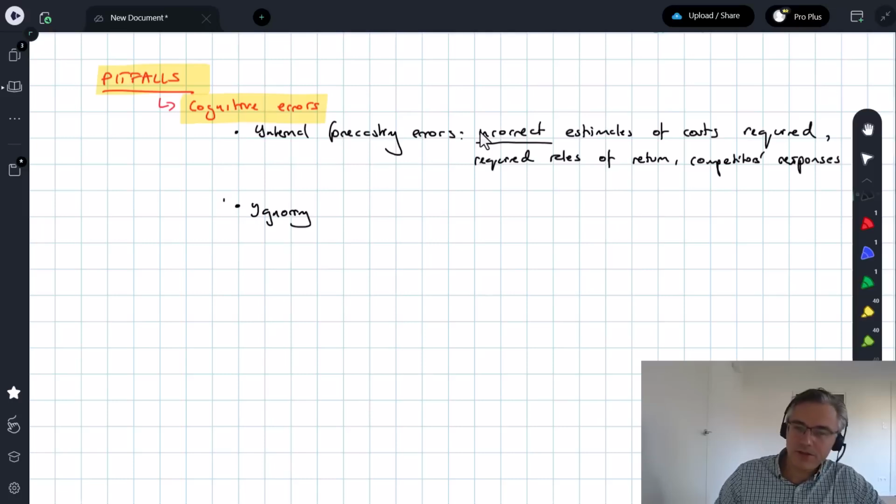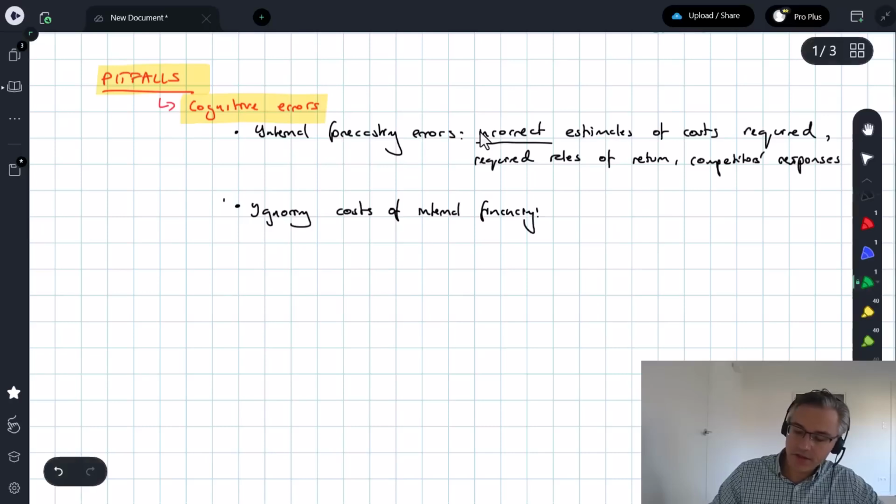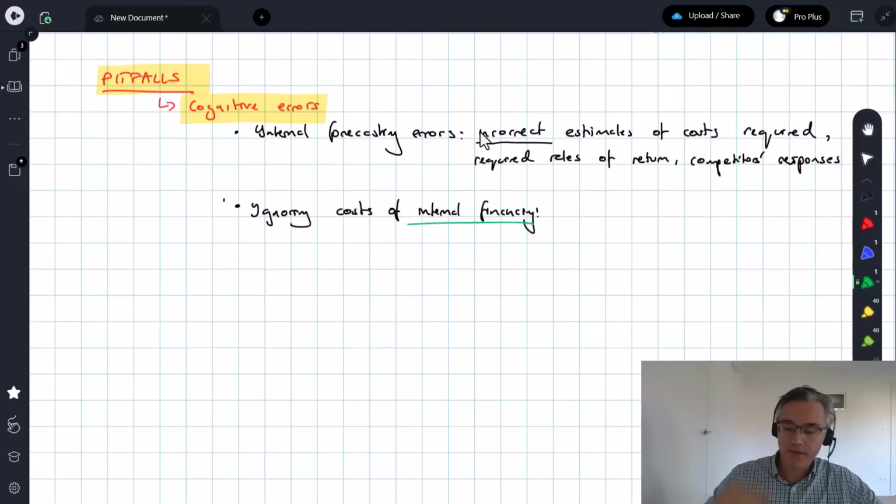Now this is a good one, ignoring the costs of internal financing. So what we mean by this is that, especially in larger companies, a lot of projects, maybe not those huge ones, but a lot of the medium or smaller sized projects get financed using operating cash flow.